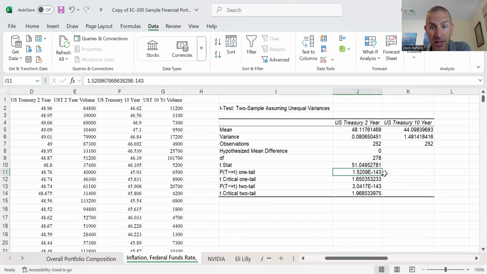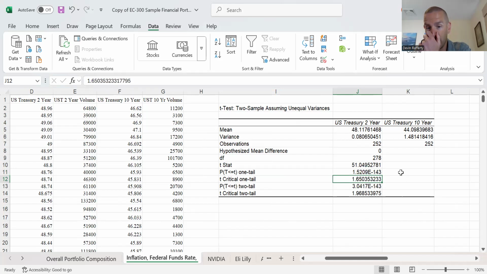That's scientific notation. That means the number is actually 0.000, with 142 zeros, then 15209. That's that p-value.